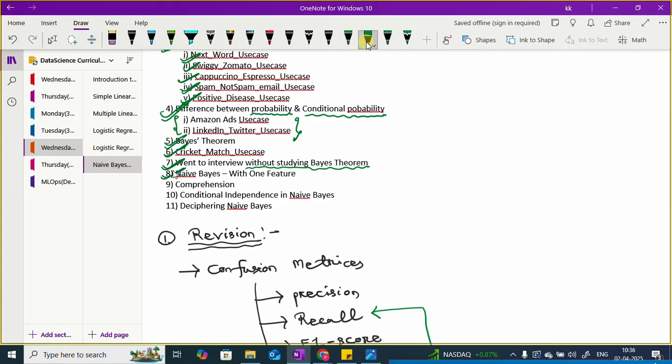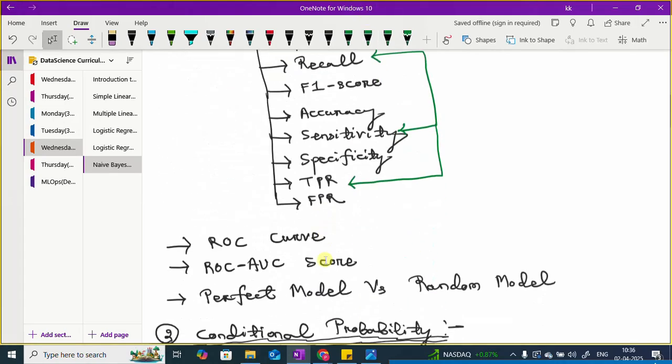I will take one feature, then proceed with two features, then multiple features. Obviously, it will become complex slowly, that's why I'm starting with one feature. Feature means you know, right? Whenever I want to find the target variable, as we have already discussed, we have a feature and a target. So here I'm taking only one feature. Naive Bayes with one feature.